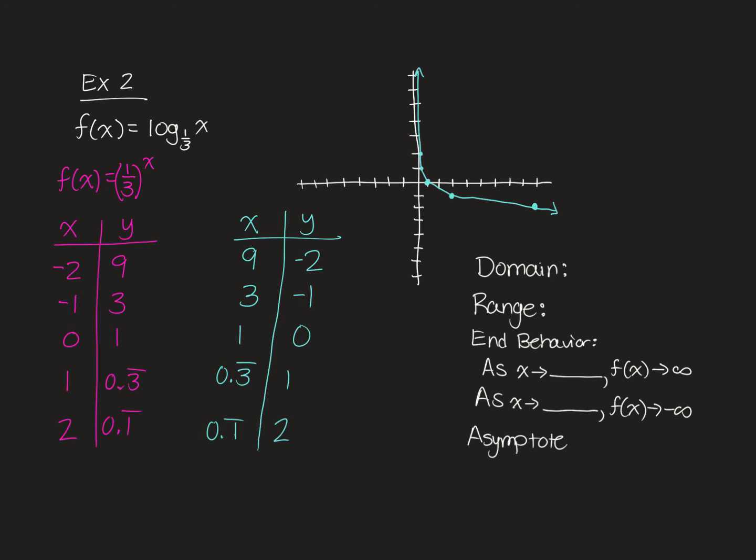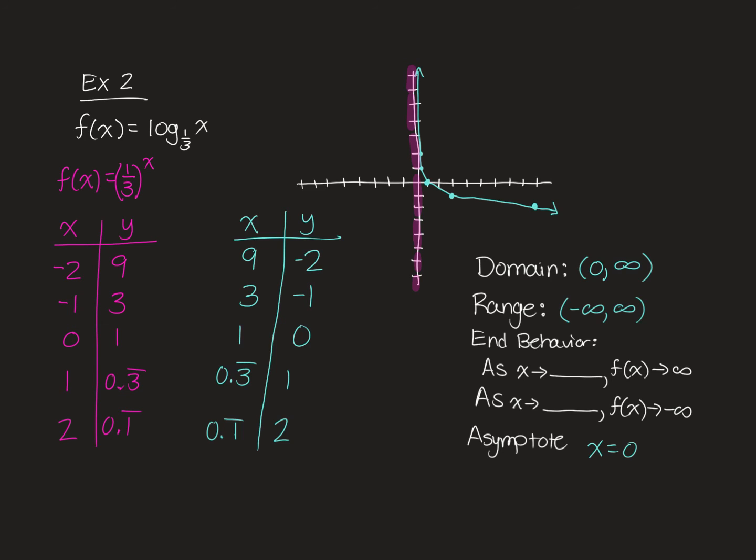Again, there's an invisible line, or an asymptote, along the y-axis. So we have an asymptote at x equals 0. Your domain is going to be from 0 to positive infinity. We stop at 0 here, but we keep going all the way to the right. Range for all logarithmic functions is going to be negative infinity to positive infinity.